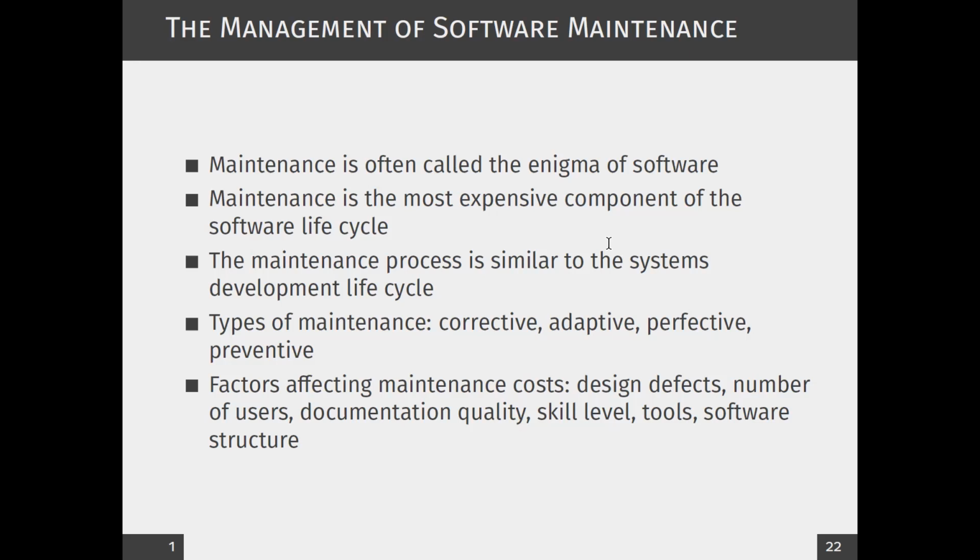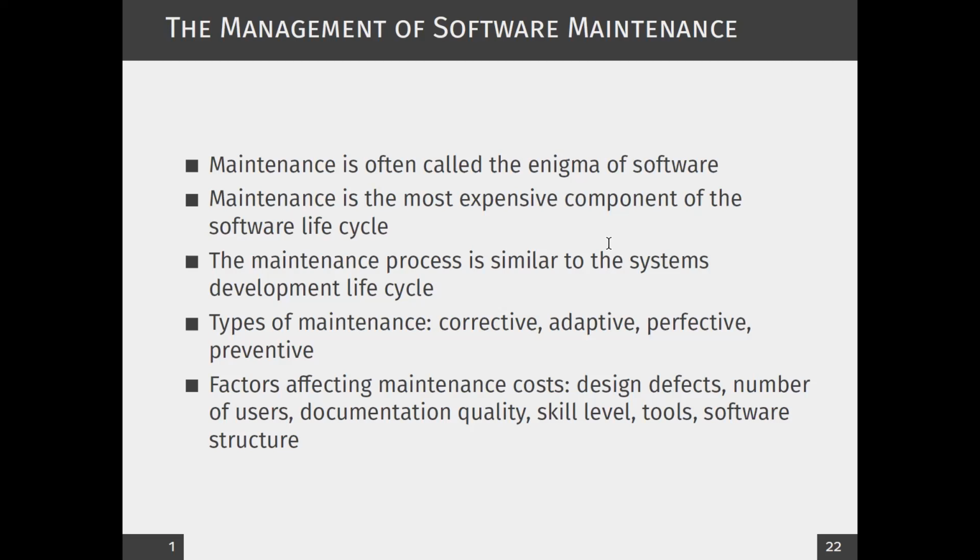When we talk about the different types of maintenance, we will talk about corrective maintenance, where we try to correct bugs in the code or bugs in the system. Sometimes we have adaptive maintenance, where we have to adapt the system for a change, and also perfective and preventive maintenance.